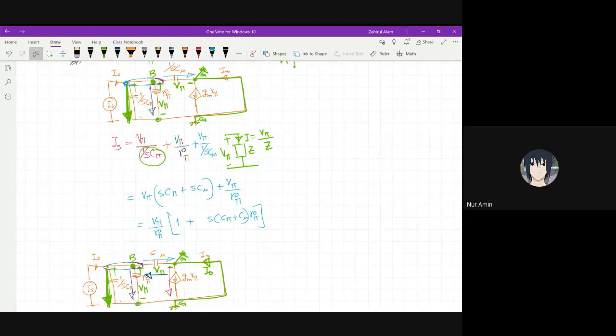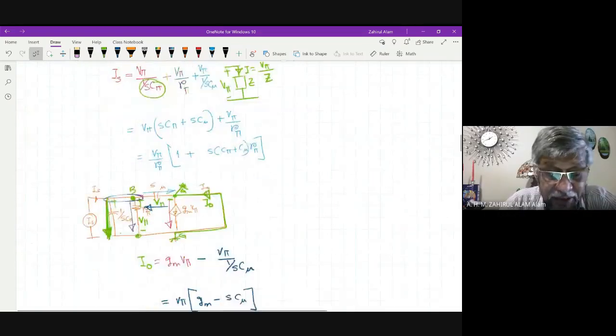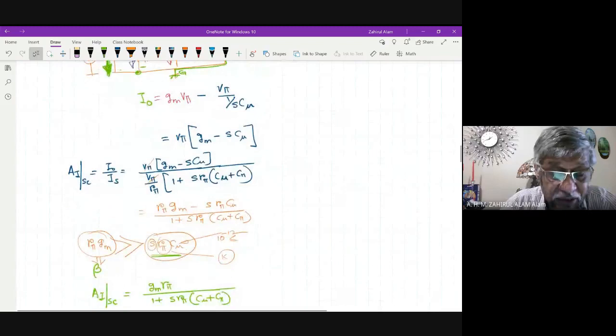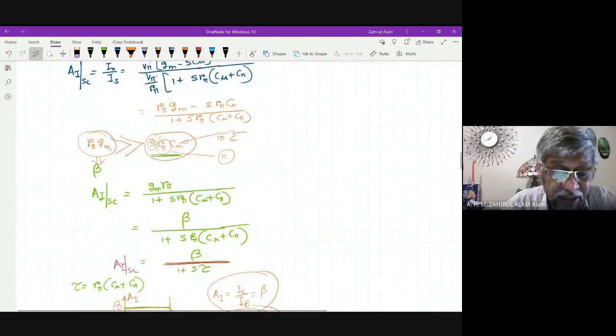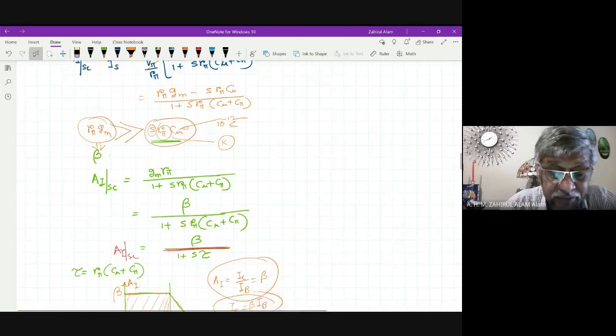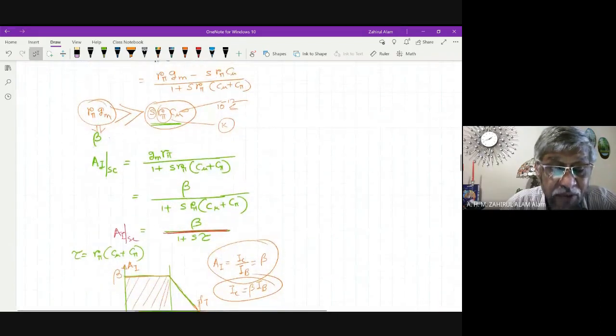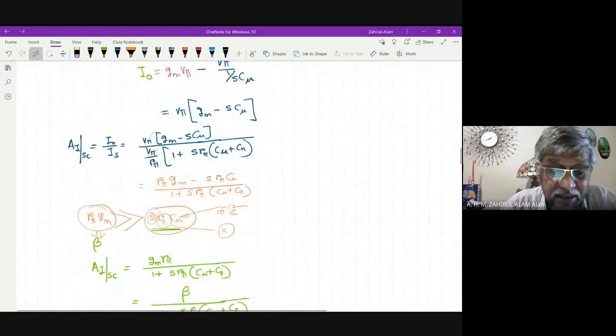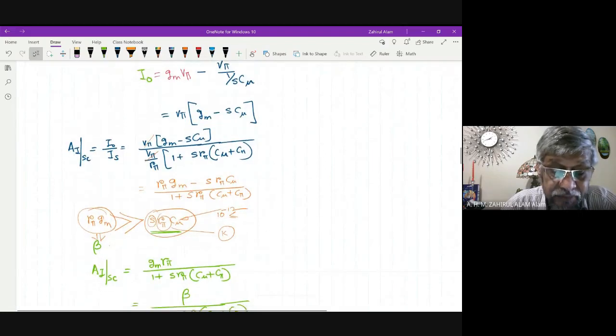Then after that, as I mentioned, we have the beta frequency from this transfer function.